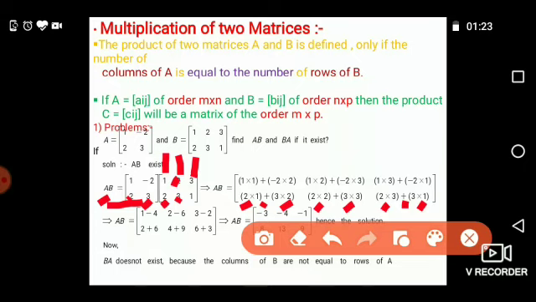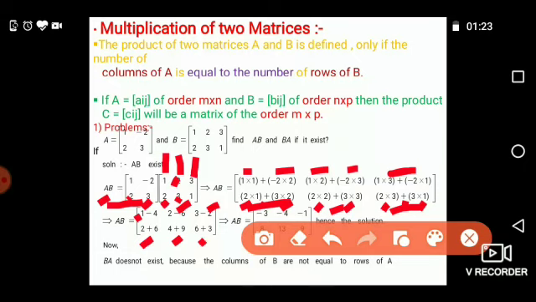After simplification, 1 into 1 is 1 plus minus 4, that is 1 minus 4; 1 into 2 is 2 plus minus 6, that is 2 minus 6; 1 into 3 is 3 minus 2. In the second row, 2 ones are 2 plus 6; 2 twos are 4 plus 9; and the last element is 6 plus 3.